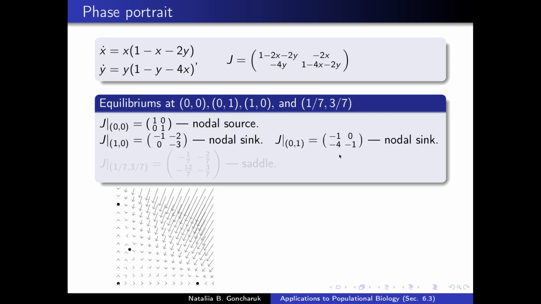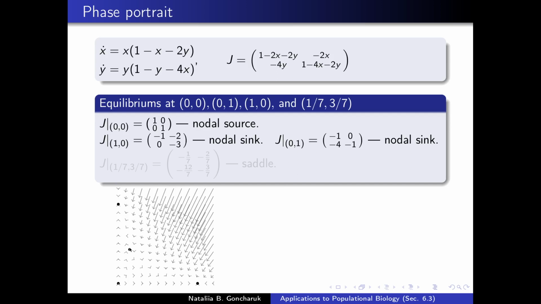And same for 0, 1. This is the matrix. Eigenvalues are -1. The linear system has a sink, so the nonlinear system has a sink. You may also say that it could have a spiral sink because eigenvalues are equal, but there is no space for spiraling because vectors are vertical along this line, so this will be a node as well.